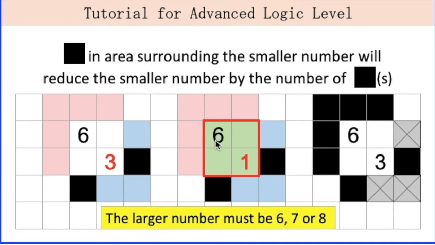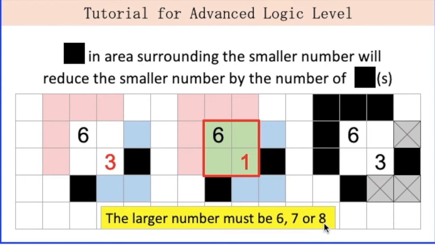Let's say this is 5. For the difference to be 5, this has to be 0. And if this is 0, then all 9 spaces will become gray. We don't have to go through all that. And if this is, let's say, 3, then to have a difference of 5, this has to be negative 2, which doesn't make sense. So that's why it doesn't work.